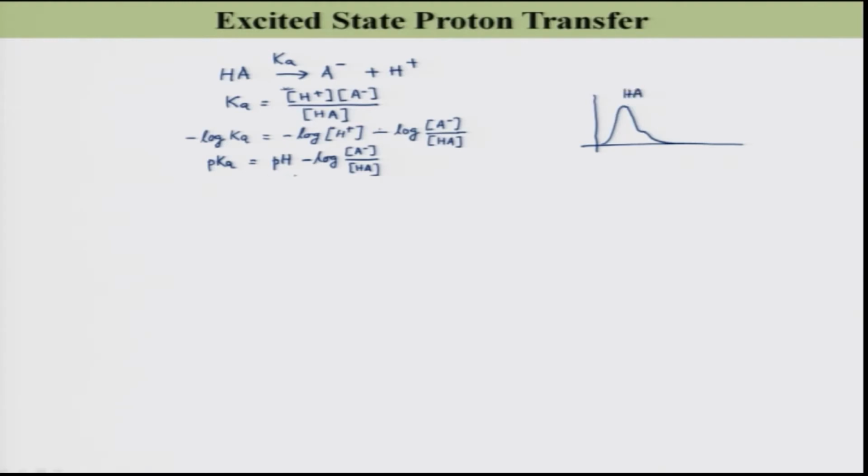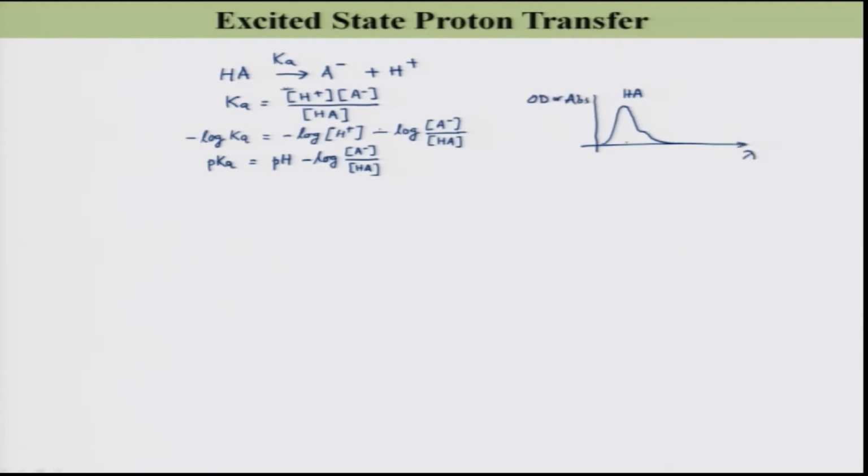Now, if you increase the pH of the medium, more and more HA will be converted to A minus. Here I am plotting the absorbance or OD, whatever you want, it is the same thing, and here is my wavelength.